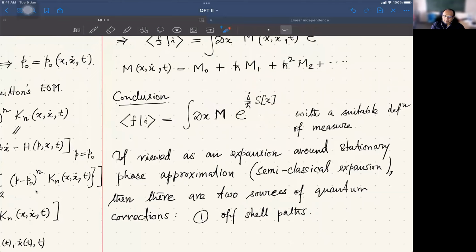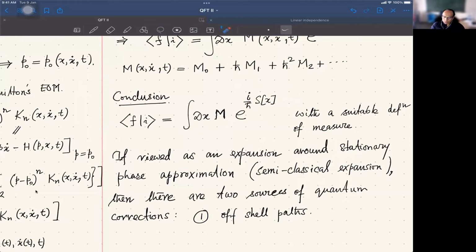But then if you expand the action, just like in the momentum space, you can expand that action in the configuration space around x bar and define a new variable, say x equals root h bar times x minus x bar, and do a similar calculation, and that will give you a further h bar expansion. One h bar expansion is already sitting within m, which came from the stationary phase approximation in momentum space.